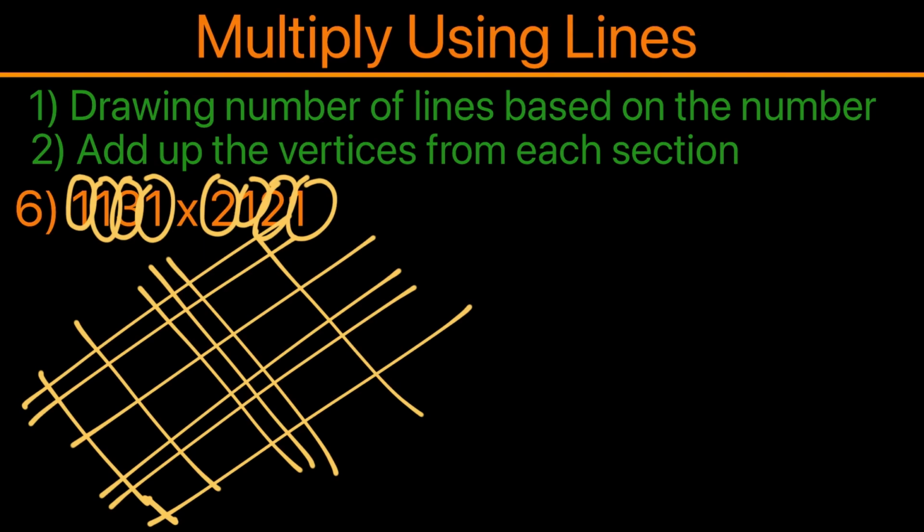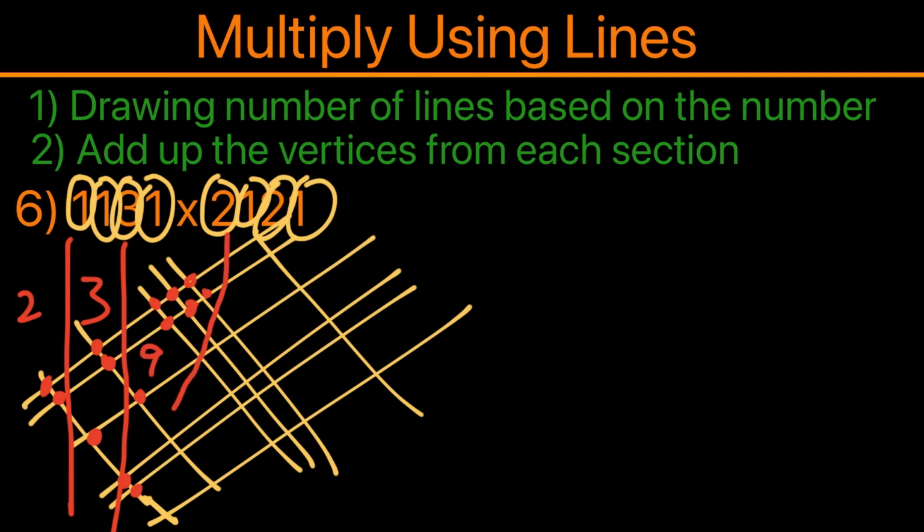Okay, now we're going to connect the dots. This will be the first section, which is 2. Now we're going to connect the second section, which here is 3. And then the third section, we have 1, 2, 3, 4, 5, 6, 7, 8, 9. So that would be 9. And that would be this section here.